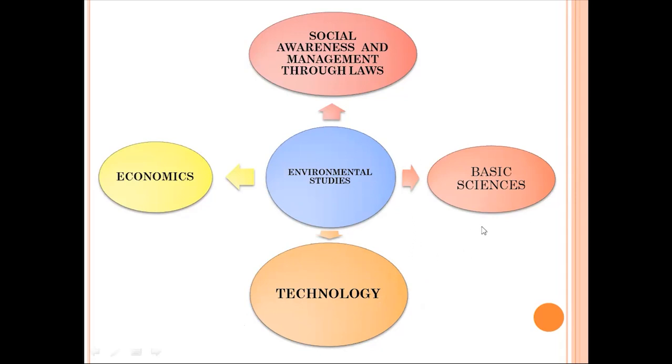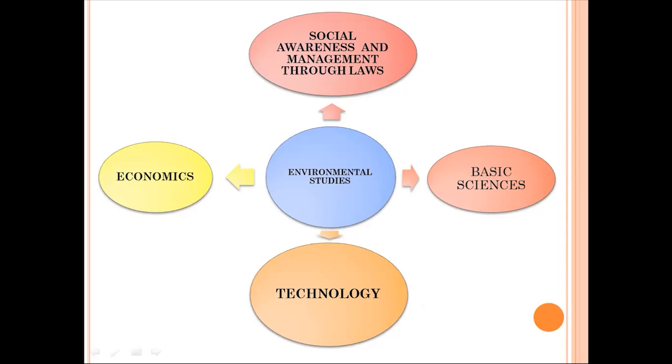Then basic sciences like life sciences and physical sciences, they help us to study the species composition, the behaviors of different species in the environment, and physical sciences help us to study the climate of a particular region.